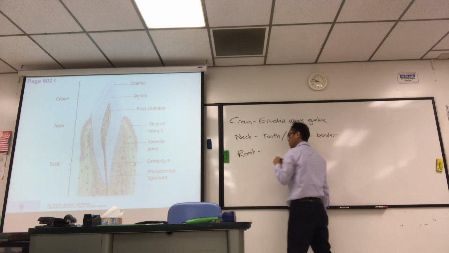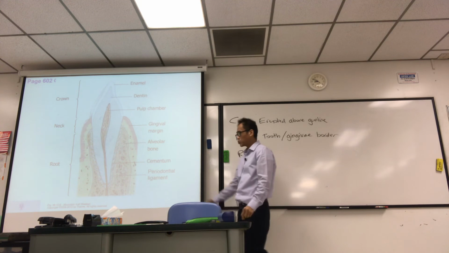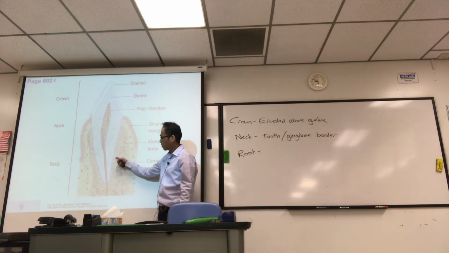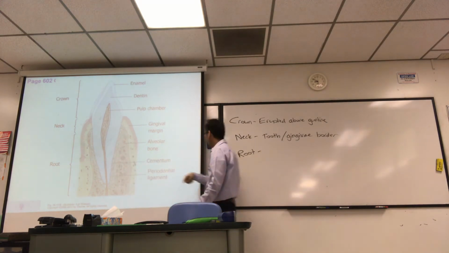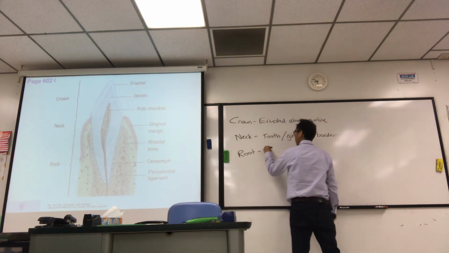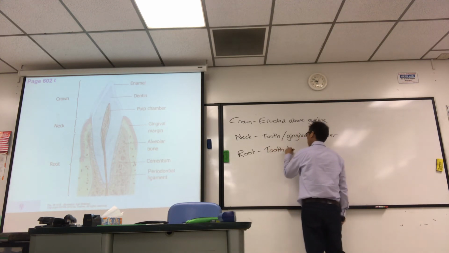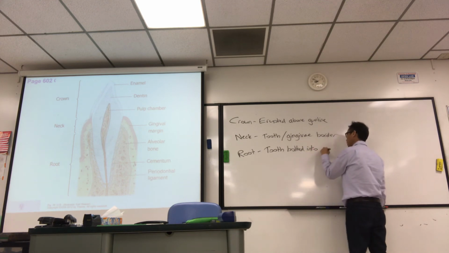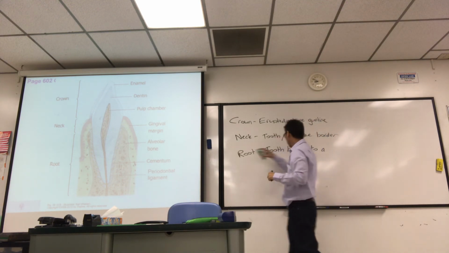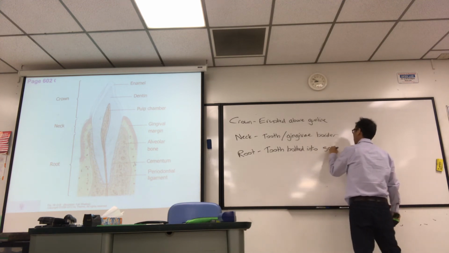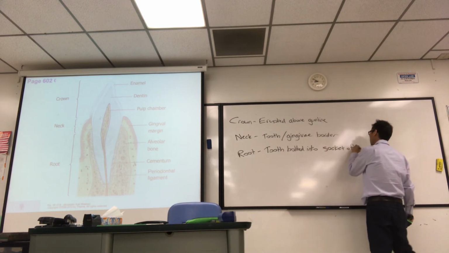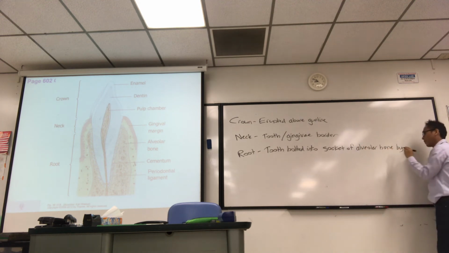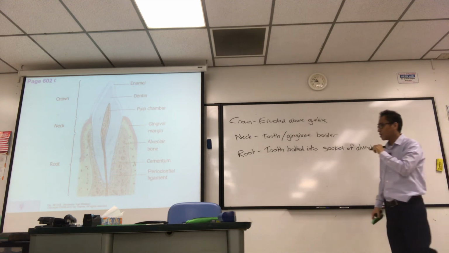So the root is anchored in the tooth socket by periodontal ligaments. Okay, they're illustrated there. They bolt the tooth in the socket of alveolar bone.